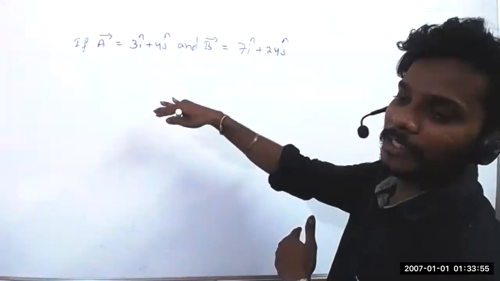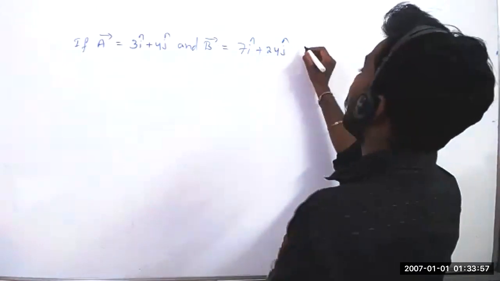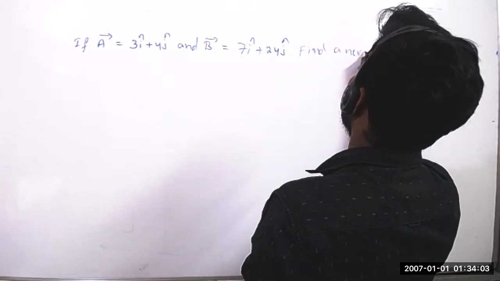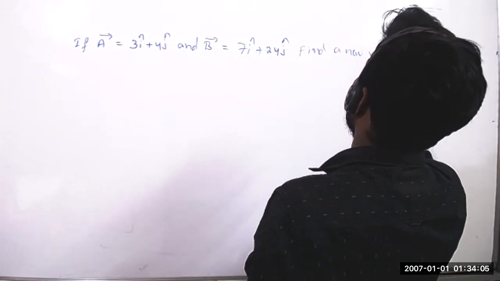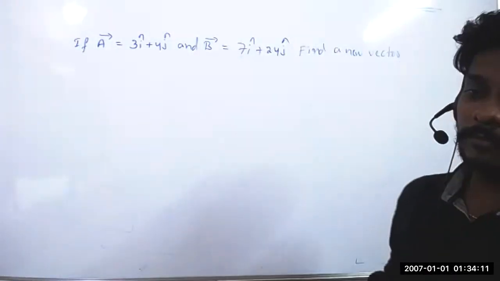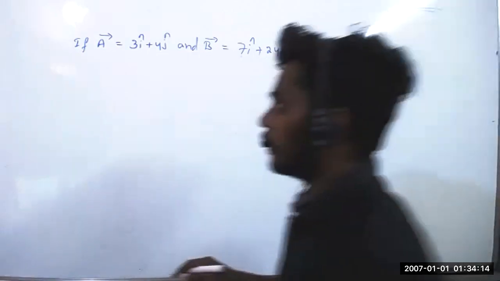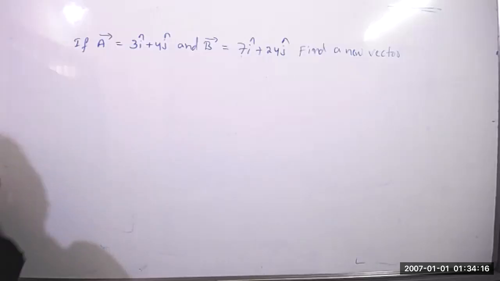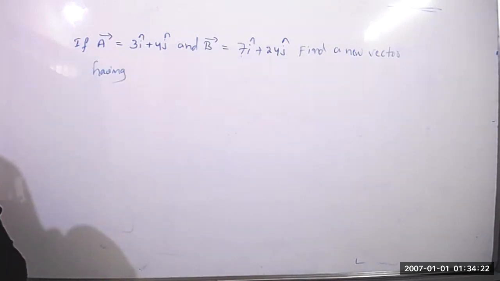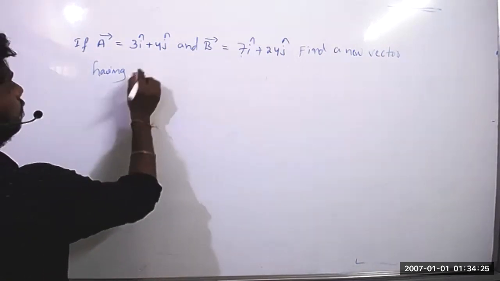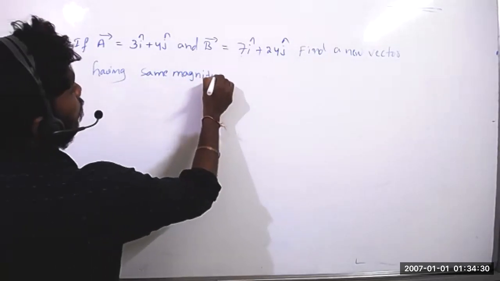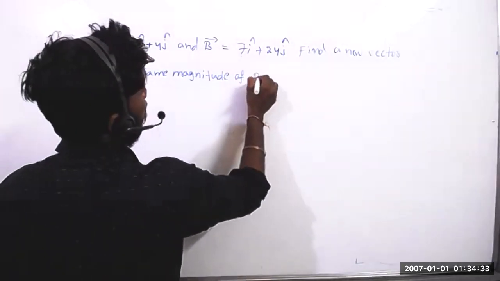They have given two vectors, but what they are asking is to find a new vector, having same magnitude as B bar.